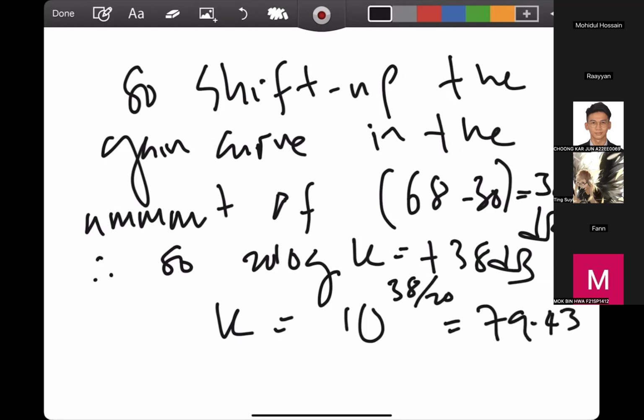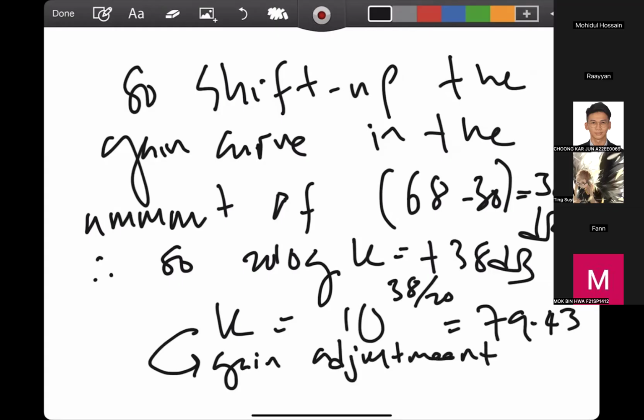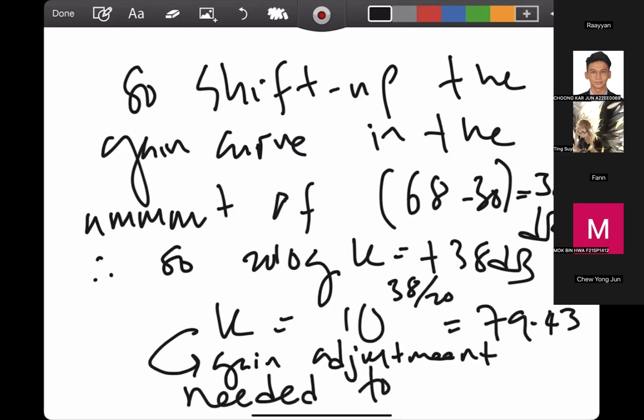Okay, so this is the gain adjustment that we need to achieve gain margin 30 decibel. Okay.